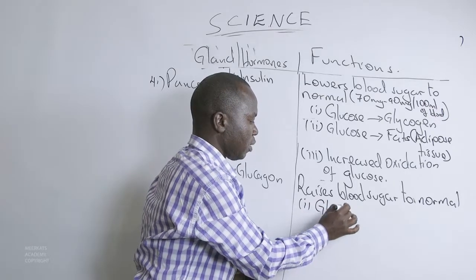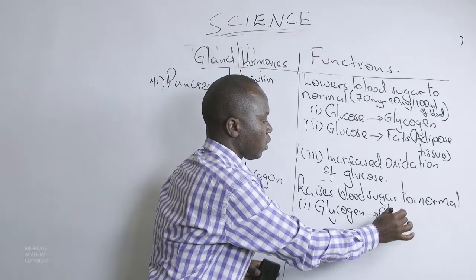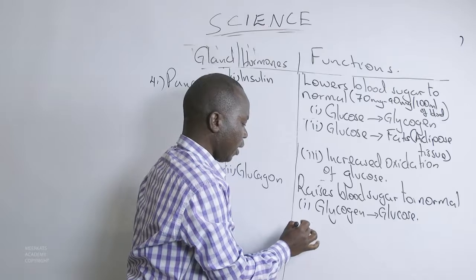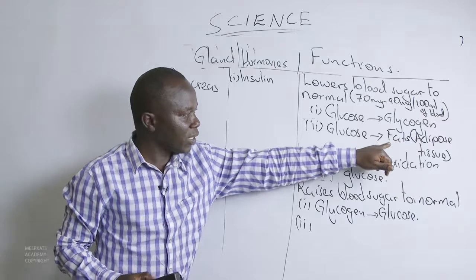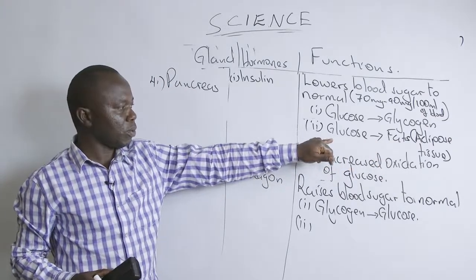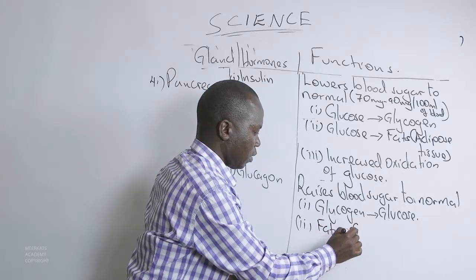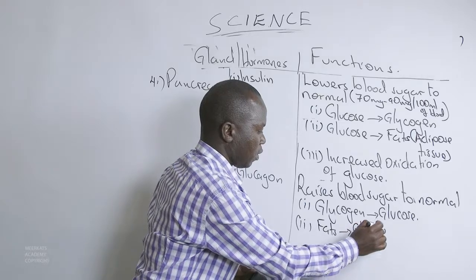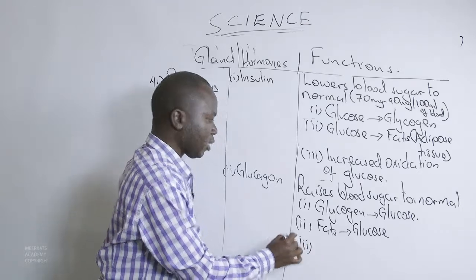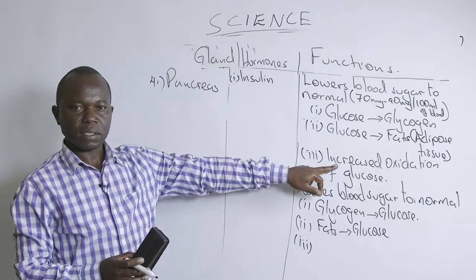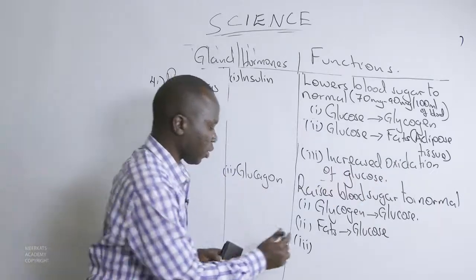Convert glycogen to glucose. It will again cause the liver cells to convert fats in the adipose tissue to glucose. And then the last antagonistic effect: it causes decreased oxidation of glucose.